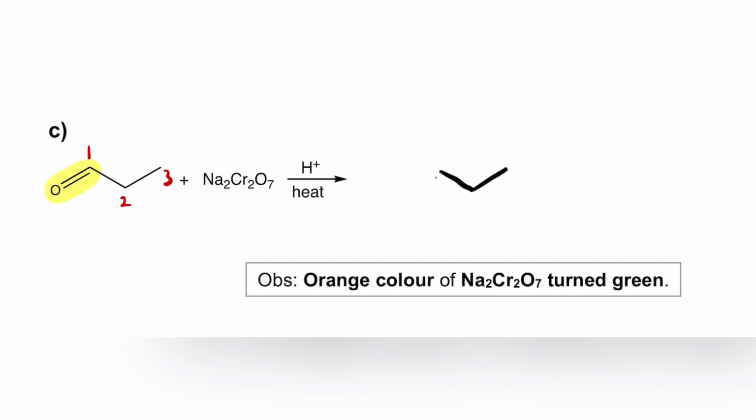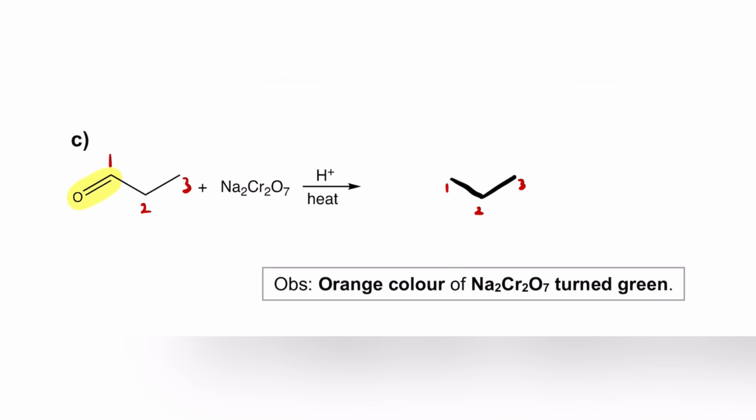So this is carbon first, second and third. So fokus kepada carbon yang pertama, awak akan tambah double bond O and then OH. So you got your carboxylic acid with 3 carbon atoms. This is propanoic acid plus H2O. Sekiranya awak gunakan sodium dichromate, dia tetap akan tukar kepada green from orange color.